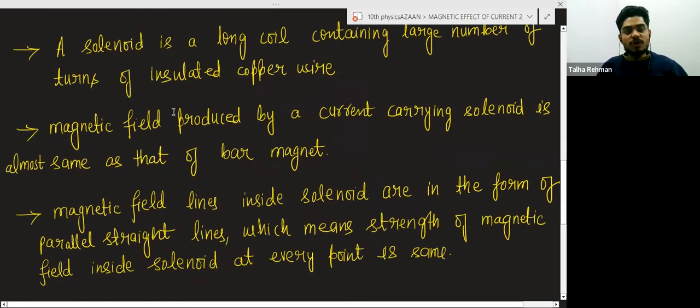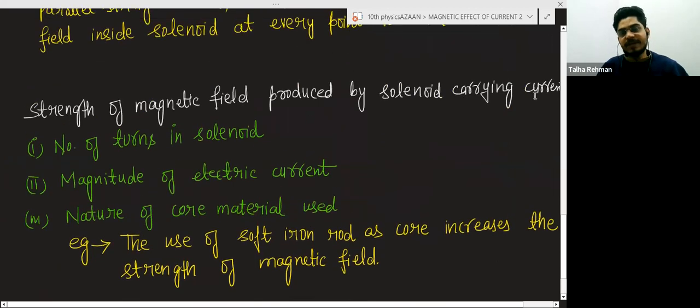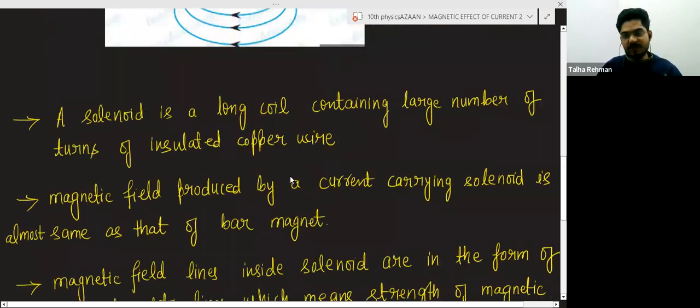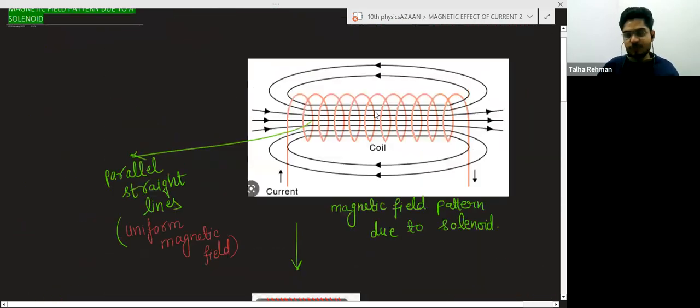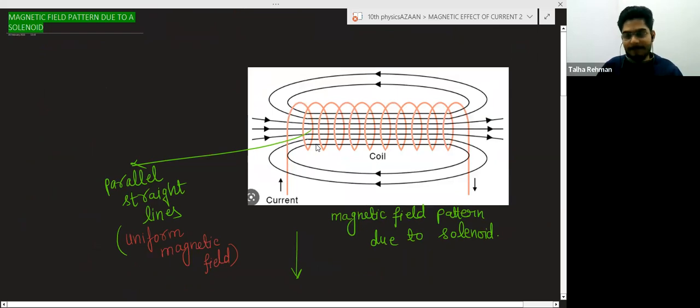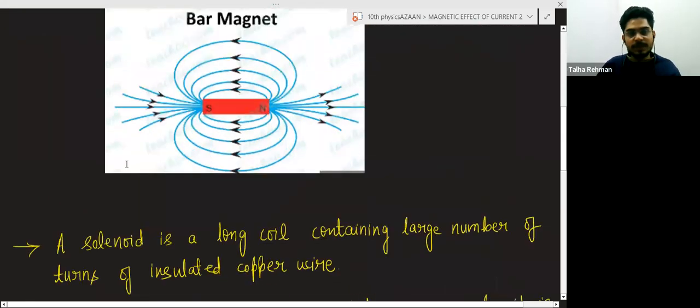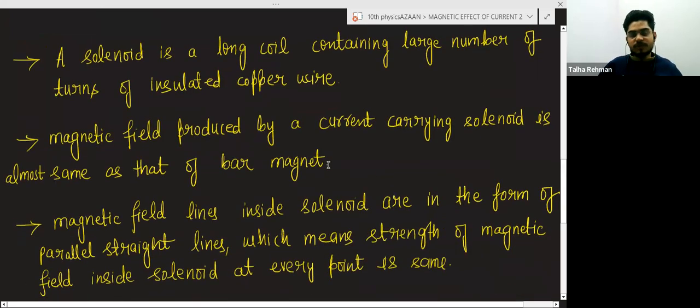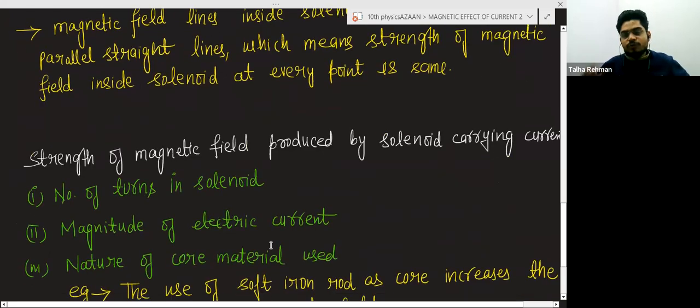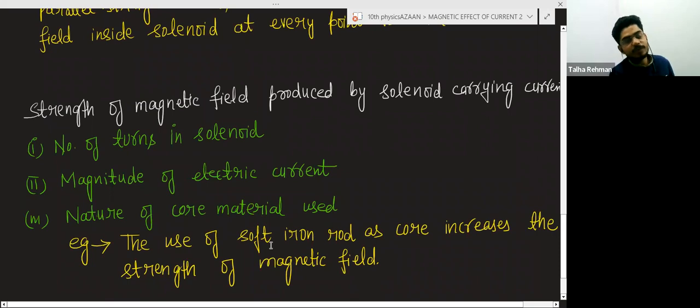So the strength of the magnetic field produced by a solenoid carrying current depends upon the number of turns in the solenoid, and upon the magnitude of the electric current. The more current flows in this solenoid, the more magnetic field it produces. It also depends upon the nature of the core material used.